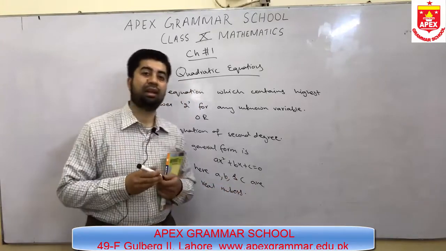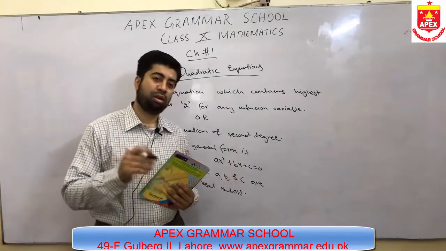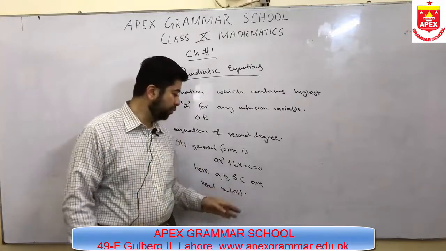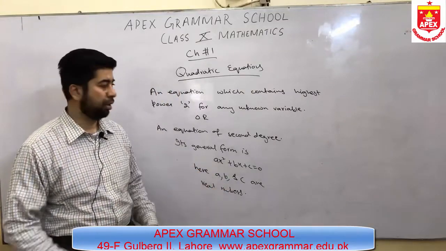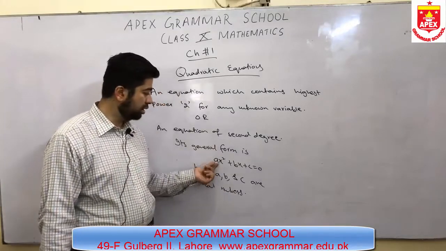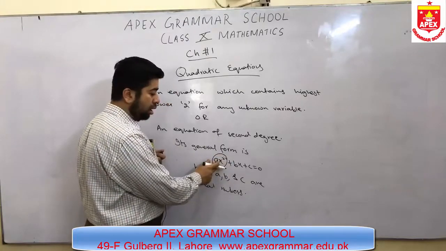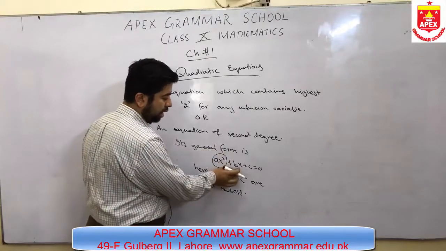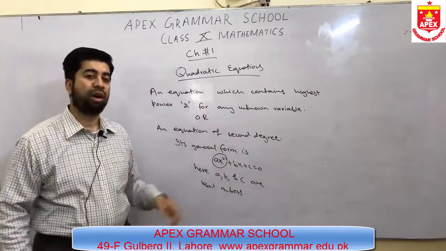but another problem arises. 0 is also a real number. So if we put a is equal to 0 here, what will happen? Think about it. If a is equal to 0, then this term goes to 0, so it becomes a linear equation. It is not going to be a quadratic equation.